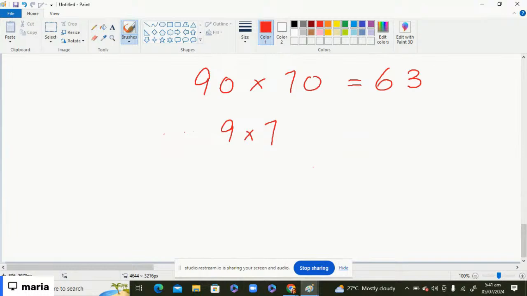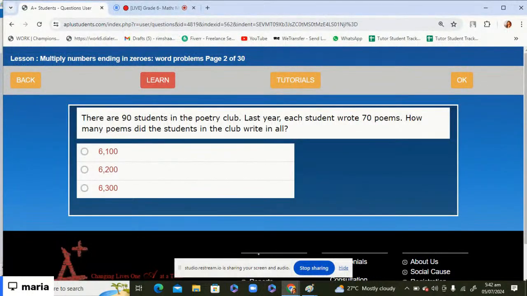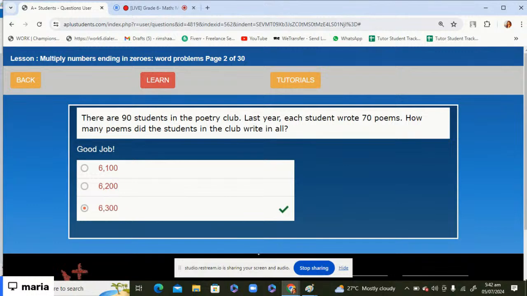How many zeros are you going to put with it? Two zeros, okay? So we are just going to put two zeros with it. So that is here. Let's check if it is right. Yes, this is the right answer.